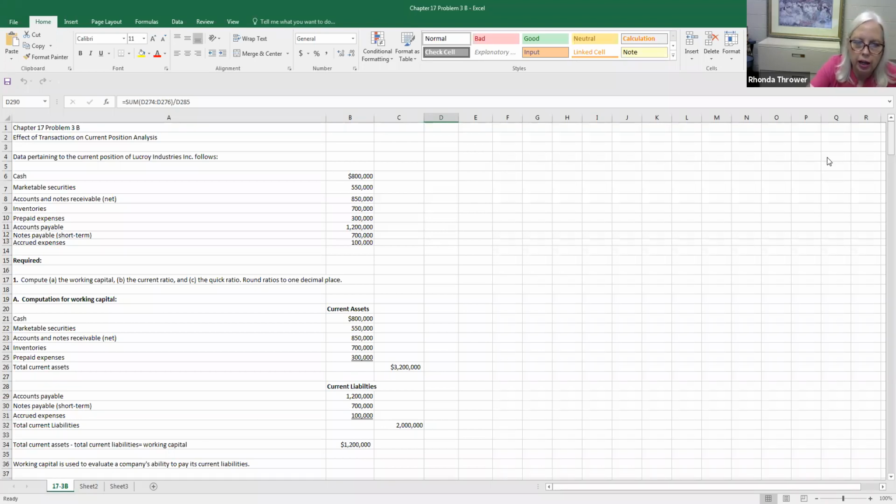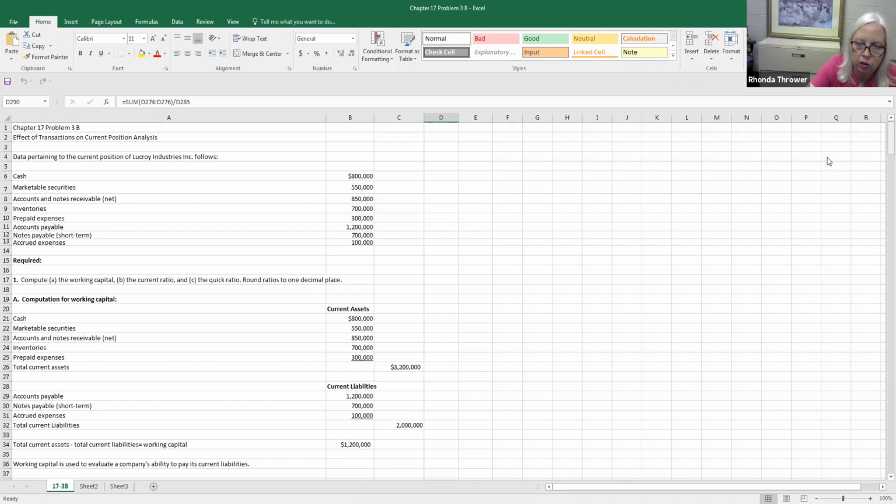When you declare a cash dividend, what that does is it reduces the account called retained earnings. It also increases an account called dividends payable, and dividends payable is a current liability.